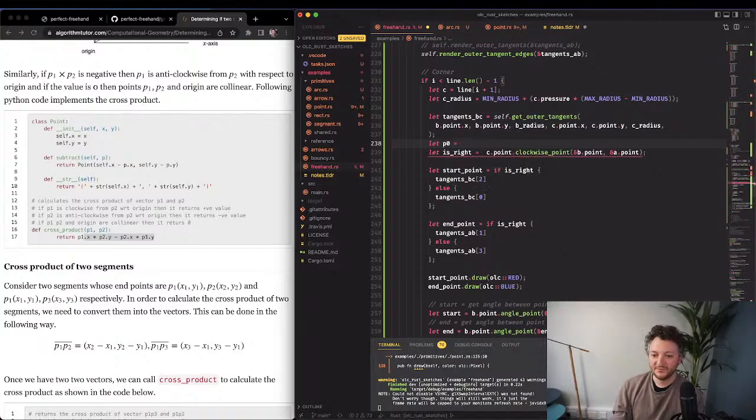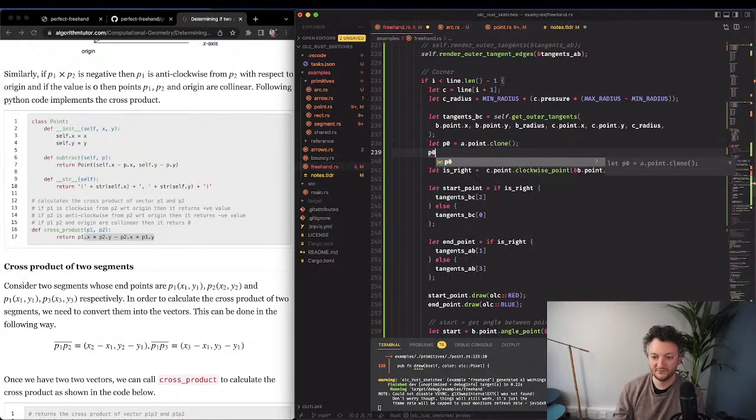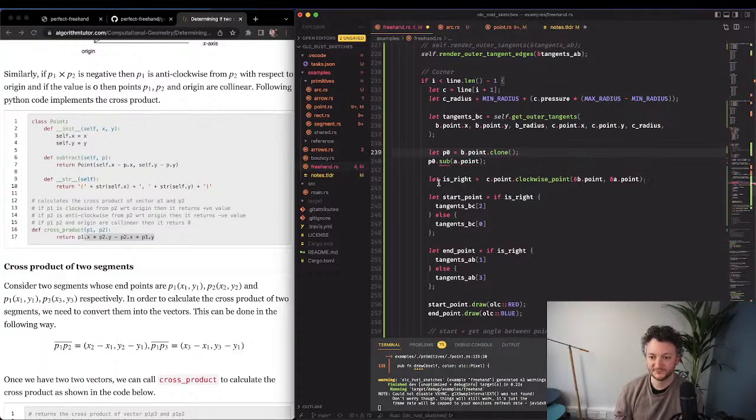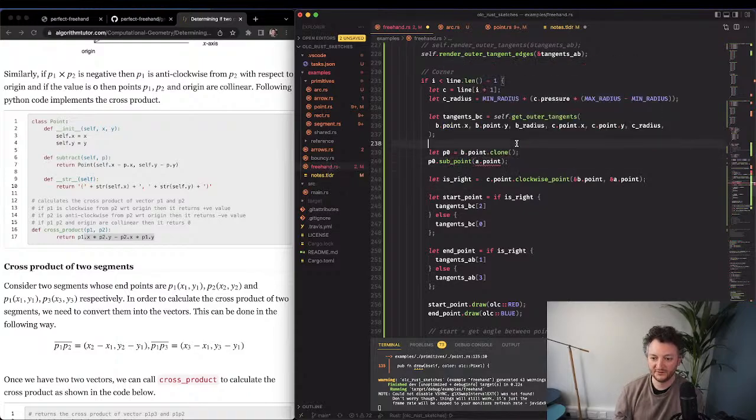Okay. P0 is A.point.clone, right? P0, or let's say 0.sub A.point. So we want the vector between A to B. And we're going to say sub point A.point.